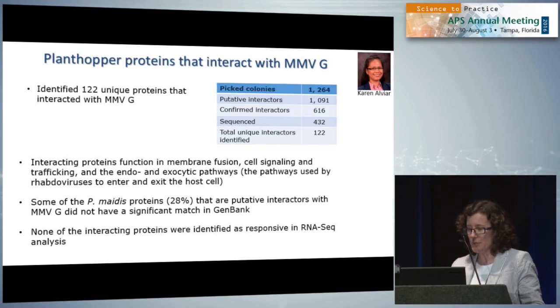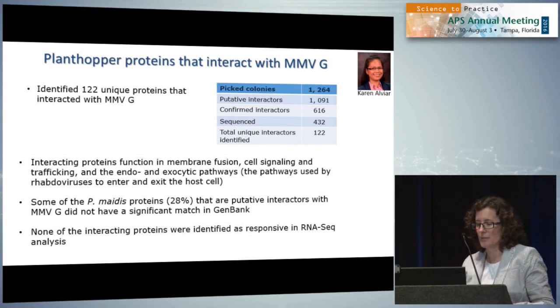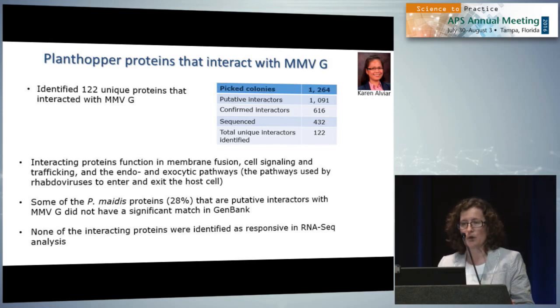What's interesting is that many of these proteins we were able to annotate, and they have roles in membrane fusion and trafficking within the cell, endo- and exocytic pathways. Those are things you would think would be really important in entry and exit of a membrane-bound virus.